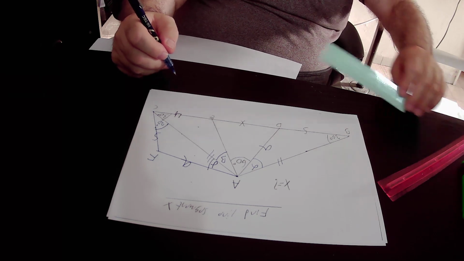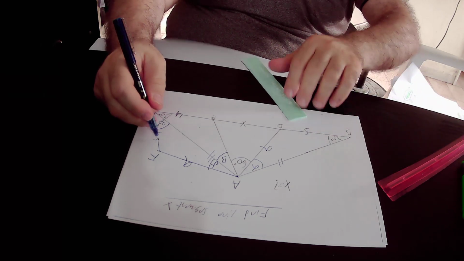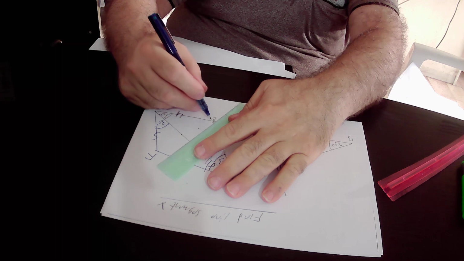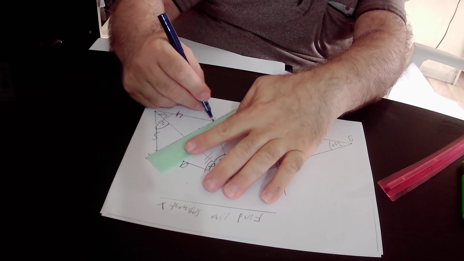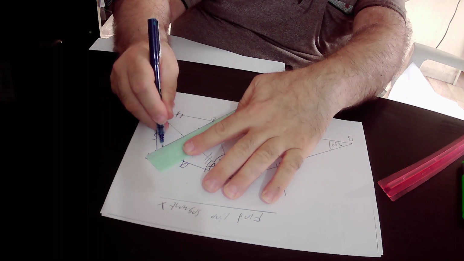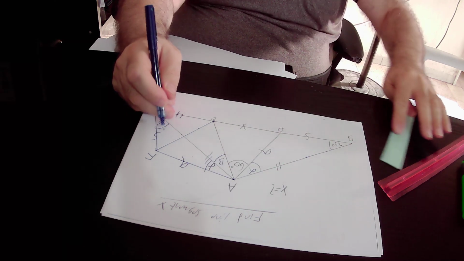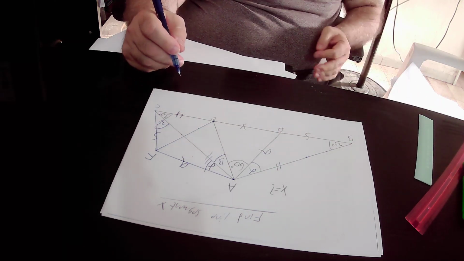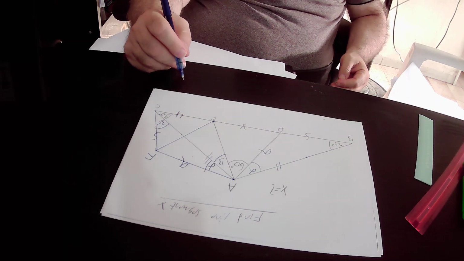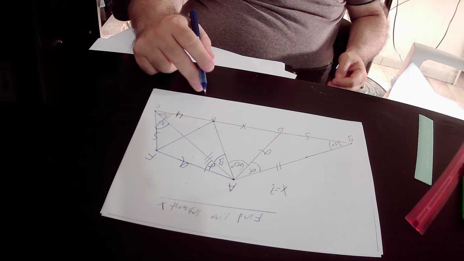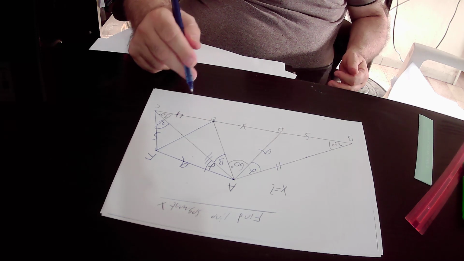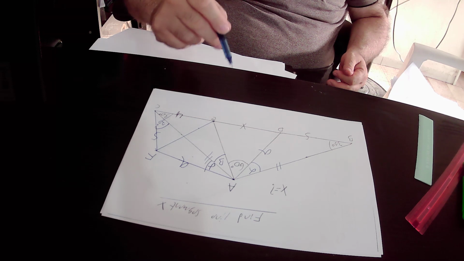In the next step, we'll join points E and F together by a straight line. So by joining points E and F together by a straight line, we create a triangle EAF.